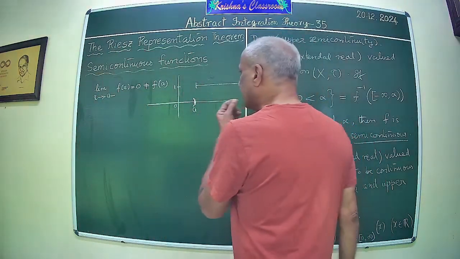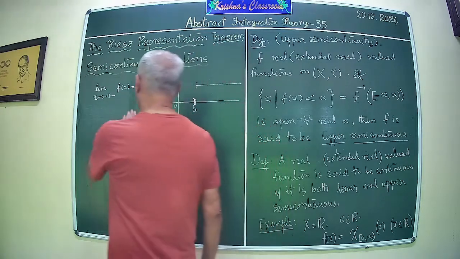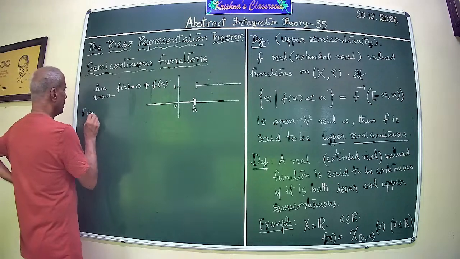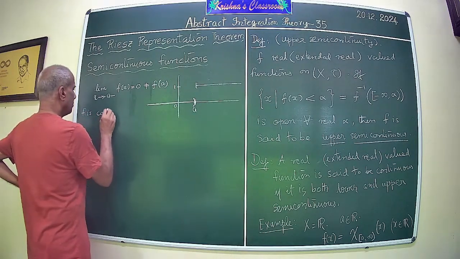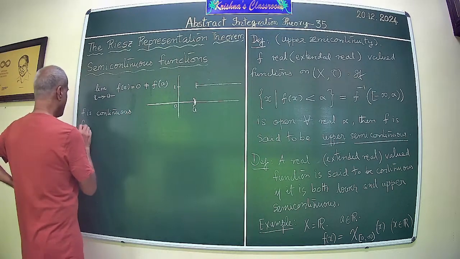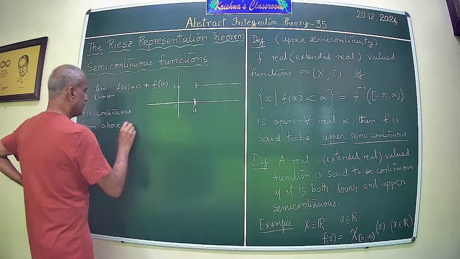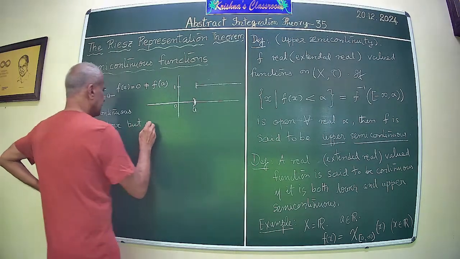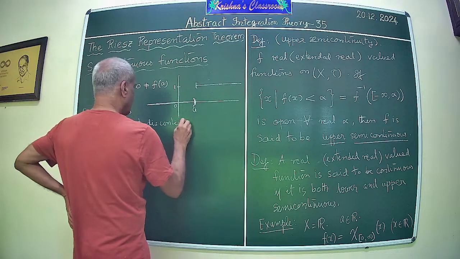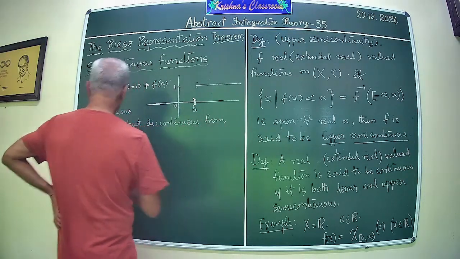So the discontinuity is at this point. But then f is continuous from above, but discontinuous from below.